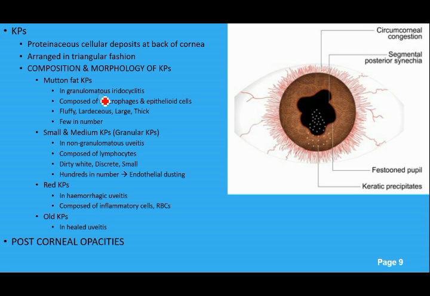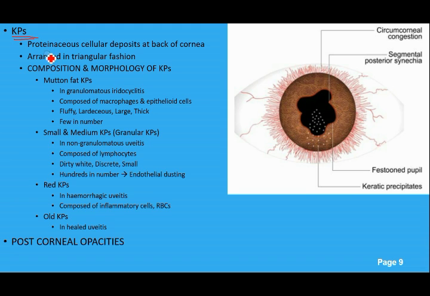Rather than that, what's more important is KPs, keratic precipitates. This is most important because it can tell you whether the iridocyclitis is a granulomatous type or a non-granulomatous type, so it can tell you the pathology or the cause of it. Clear?